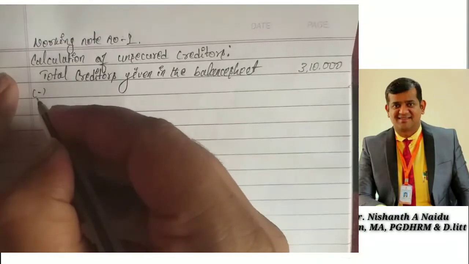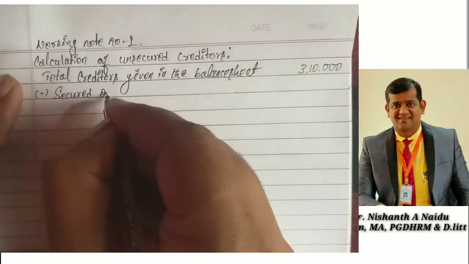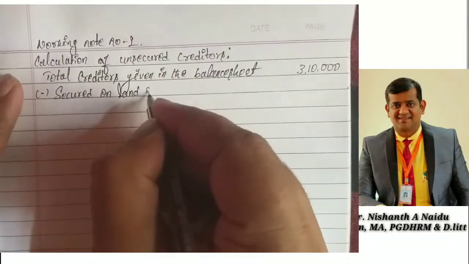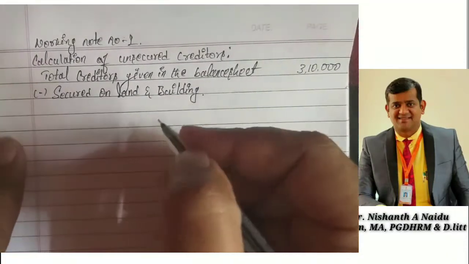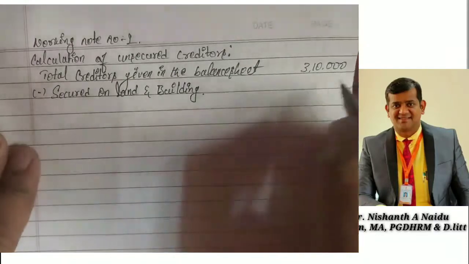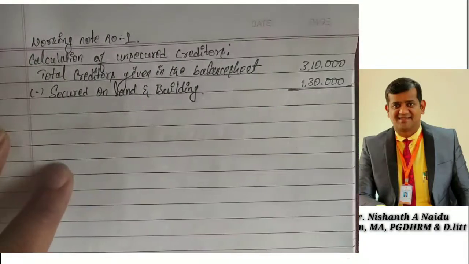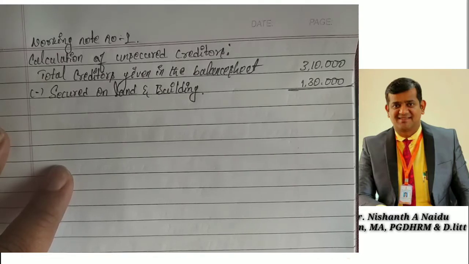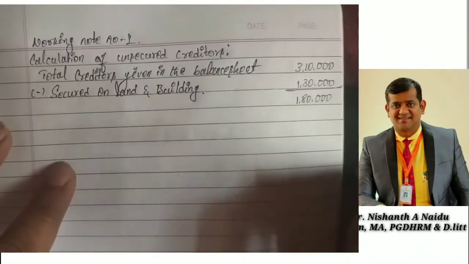Less secured on land and building. How much is secured on land and building? 1,30,000. So deduct that, 1,30,000 rupees. So 3,10,000 minus 1,30,000 comes to 1,80,000 rupees.